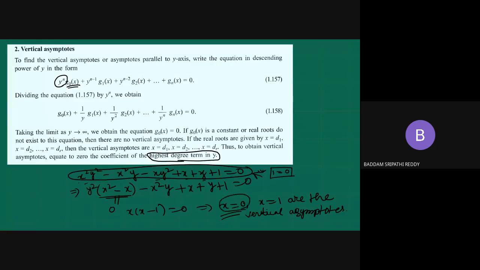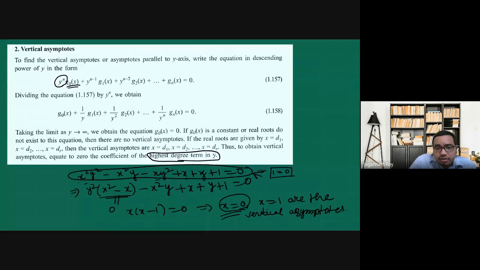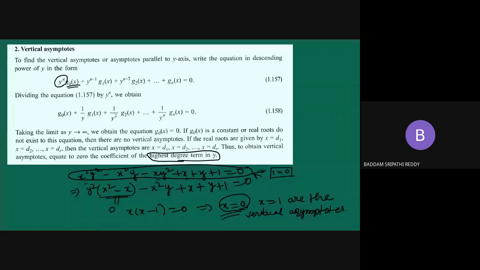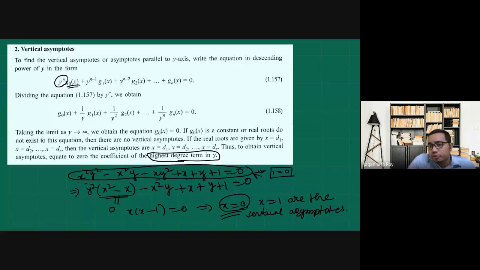Sir, we put x equal to 0, then y equal to minus 1 is satisfying now. No. I told you that the asymptote and the curve will not overlap. If they overlapped, then they would satisfy, right?